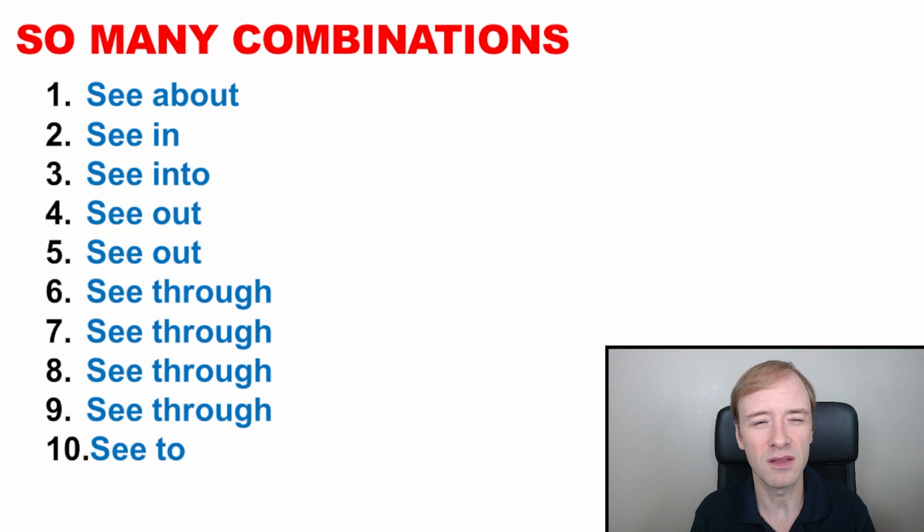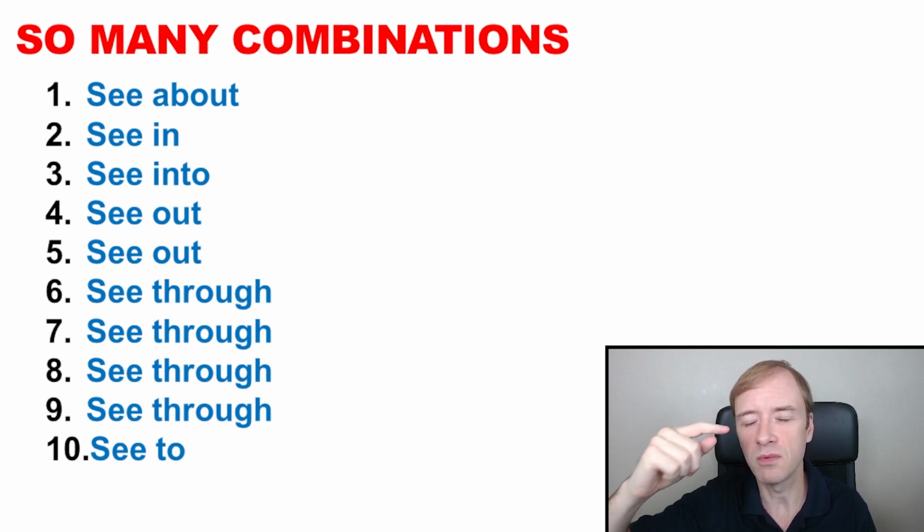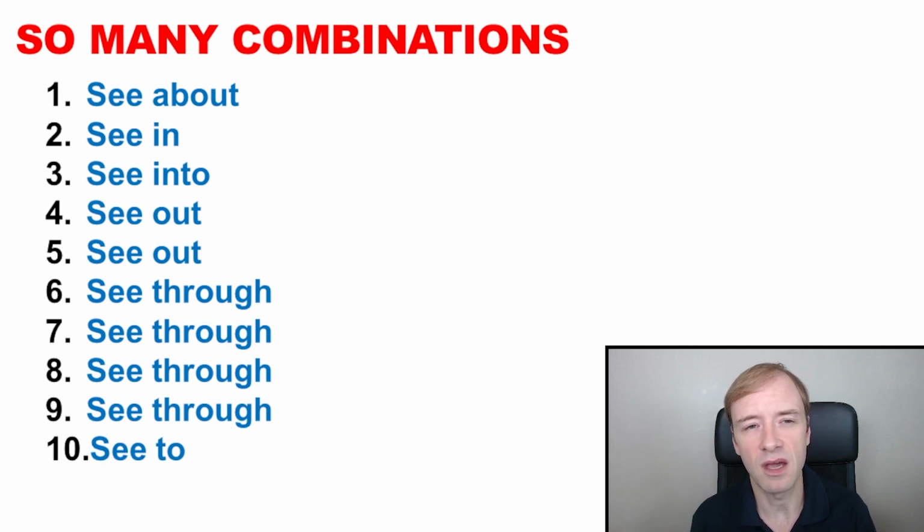But you can understand that in English, when you think of all the verbs, like I chose see, but you could choose the verb take or get, and with just that verb, you can make so many different meanings adding prepositions to it. So thousands and thousands of combinations of verbs and prepositions, and they all have different meanings. It's very difficult to learn phrasal verbs, but I'll try to make it easy for you today.